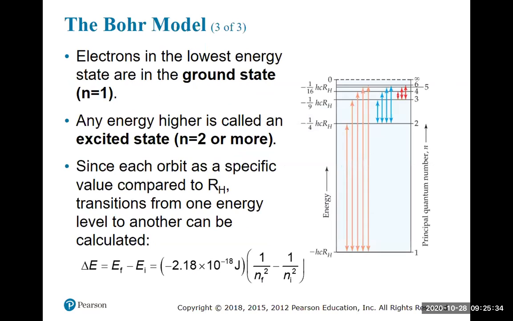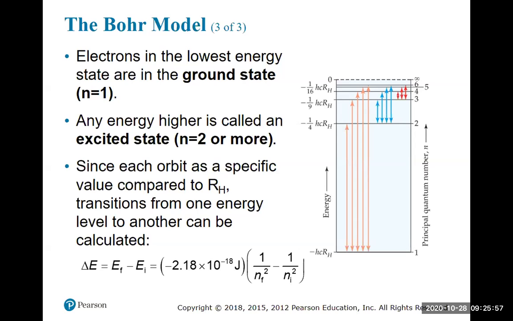When we talk about the energy levels, we talk about ground states and excited states. When the electrons are in their lowest energy level, that's called the ground state. And remember, we'll talk about that with our electron configurations. That's an example of ground state electrons and how they're arranged.